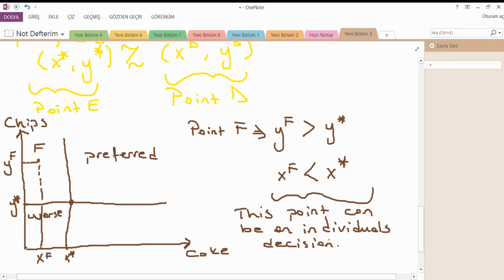What are we going to look at when we want to understand if the consumer is going to choose this point or not?